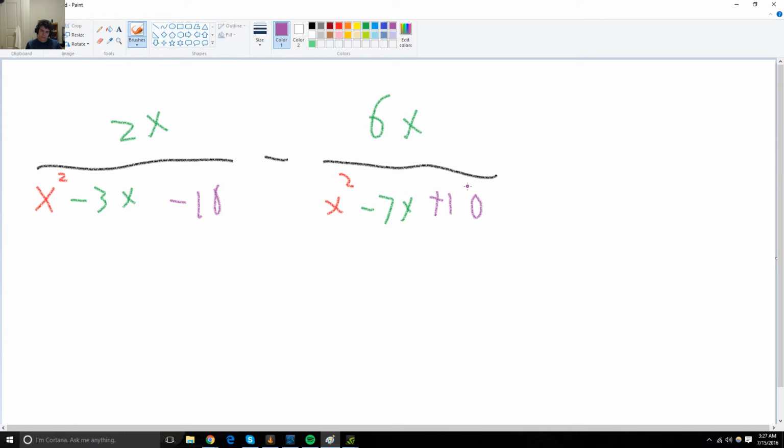Let's think. Factor? No. Oh, okay. You gotta find a common denominator and multiply the top and bottom. Okay, you factor the top and bottom, then you find a common denominator, and then you cancel.